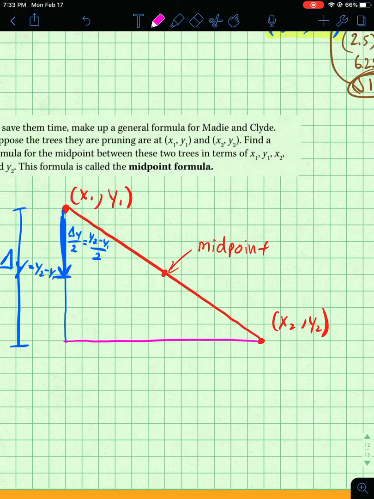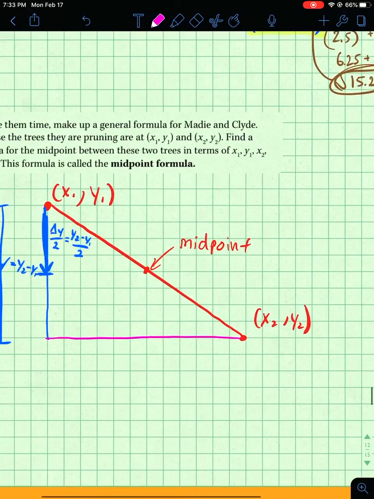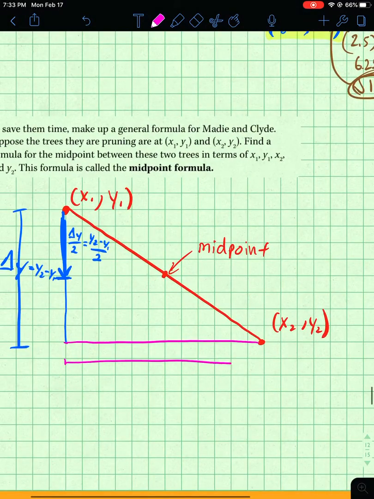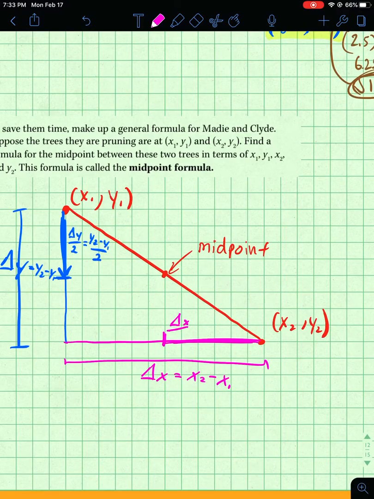And then in purple, or pink, notice this whole distance from here to here is the change in x, which we know is x2 minus x1 from our work with the distance formula. Halfway is about here. Half that distance is the change in x over 2. x2 minus x1 over 2.